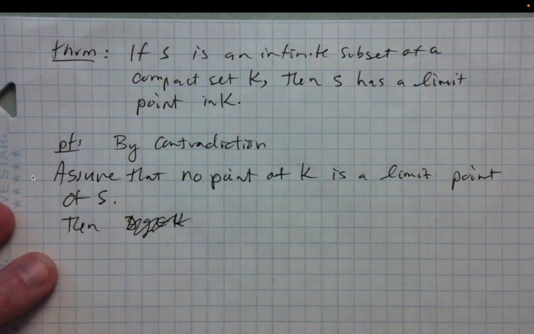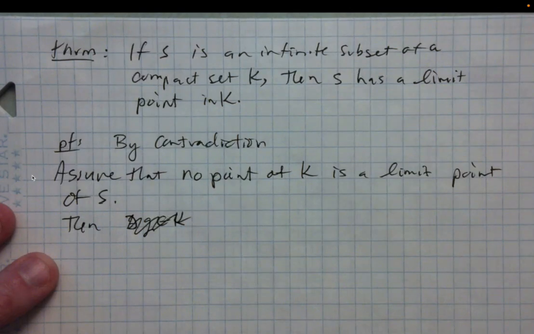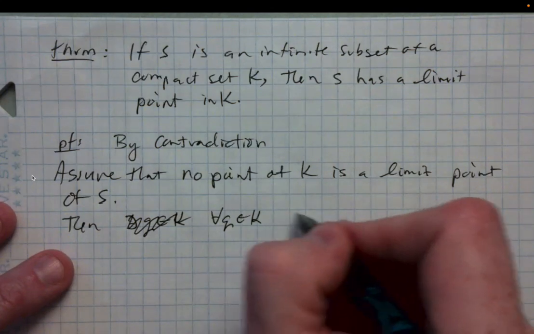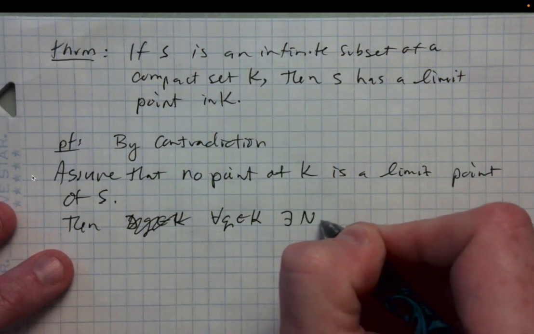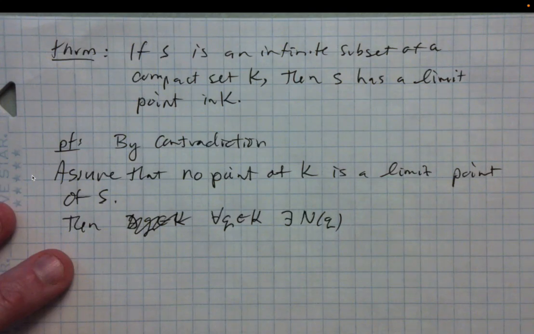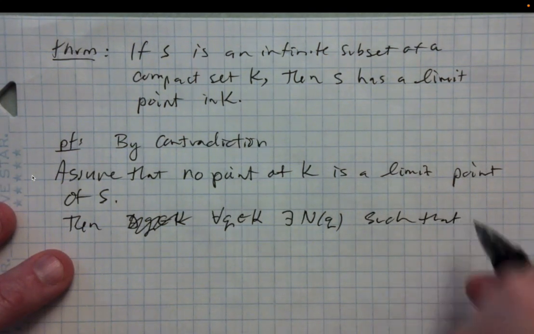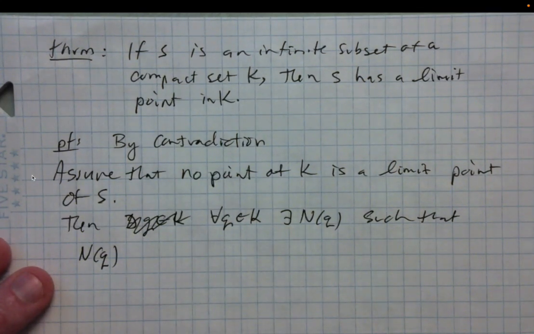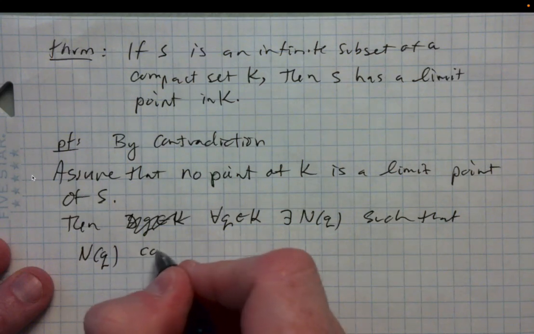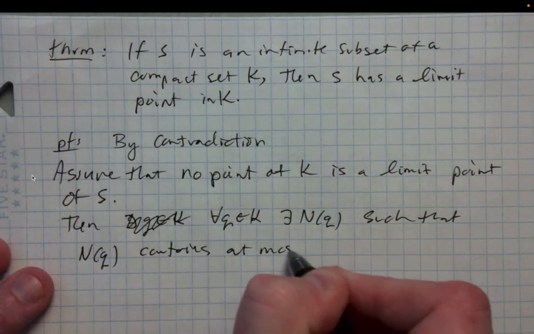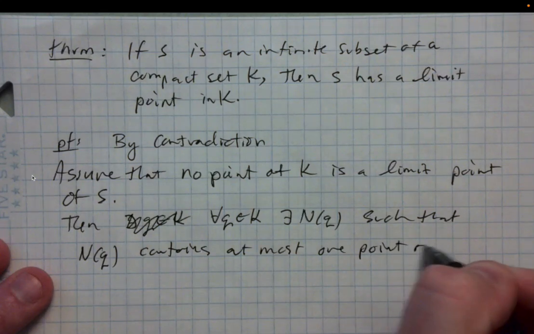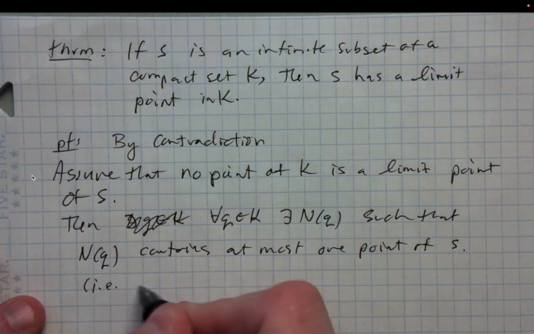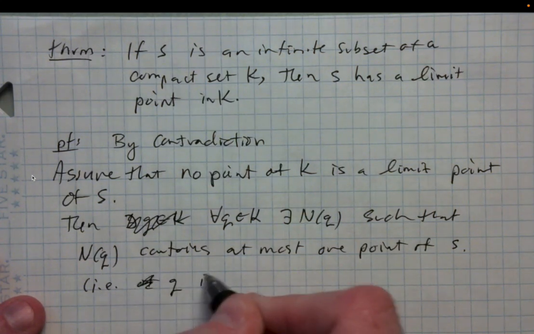Assuming that no point of K is a limit point of S, then for all Q in K, there's going to exist a neighborhood around Q, an arbitrary neighborhood, I'll leave off the epsilon, such that that neighborhood of Q contains at most one point of S, i.e. Q itself. That's what I mean to say.